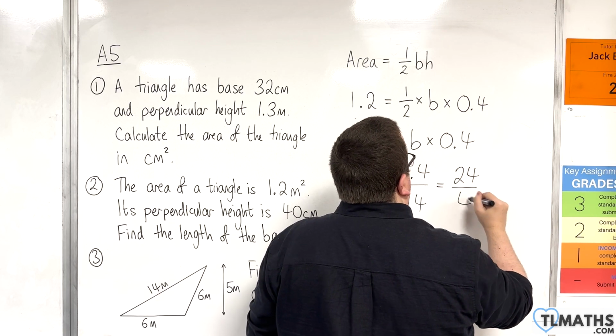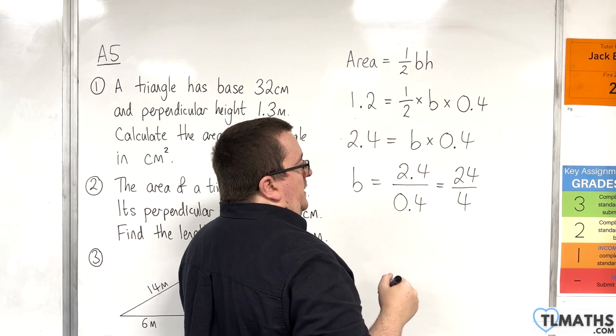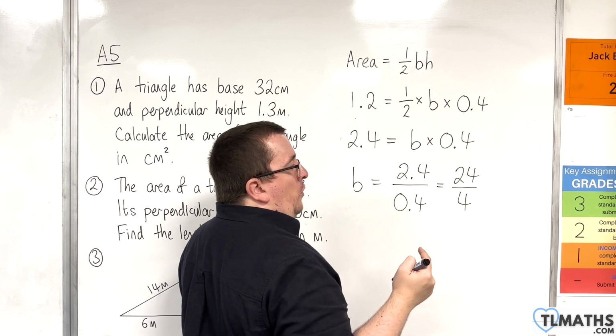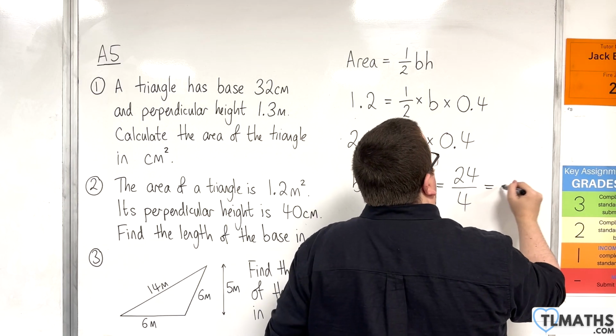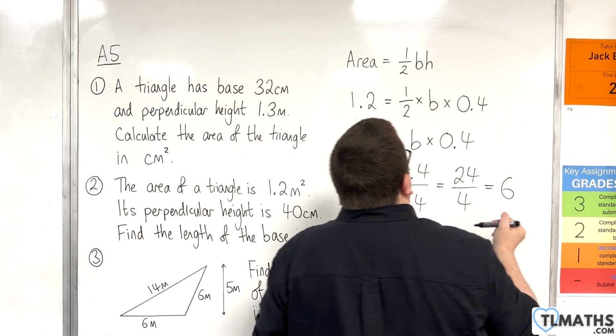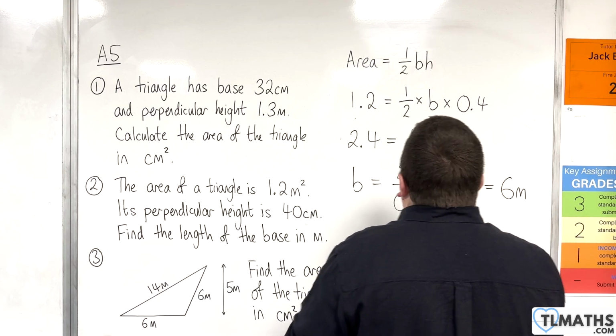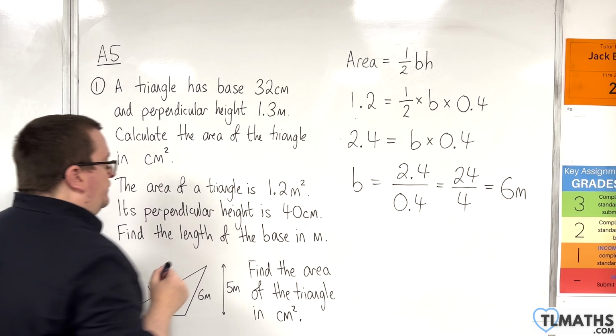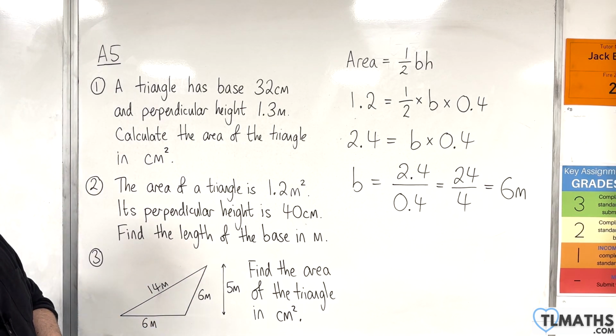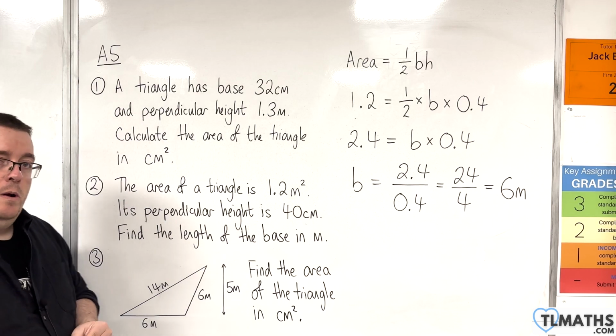So 24 over 4. Now, 24 divided by 4, well, that's 6. So that means that the base in metres is 6 metres. Okay? And so that is the length of the base as required.